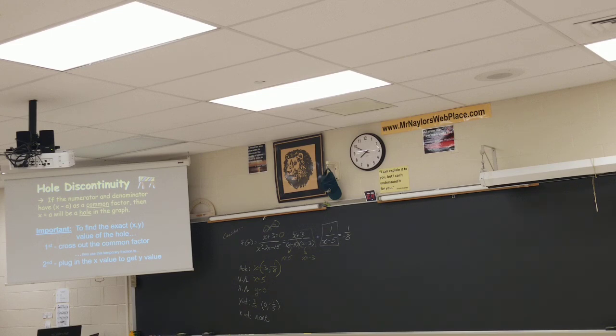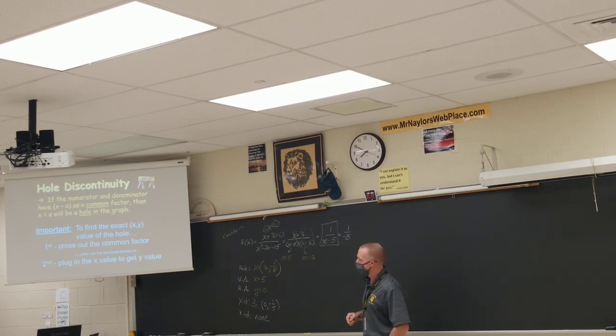I don't want to make it complicated, but I want to make sure you understand what I did do, which was to find the exact x and y value. And if somehow you want to write this back with your notes that you took on a hole, to get the exact x and y value, remember how I crossed out the common factor.